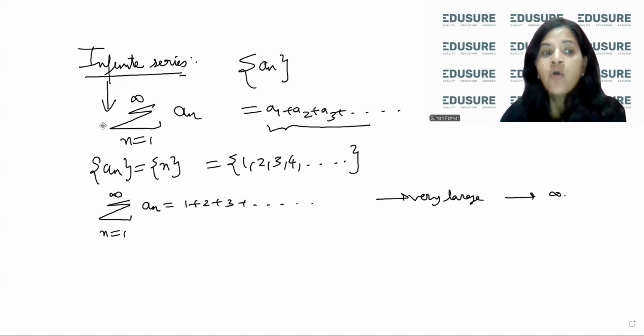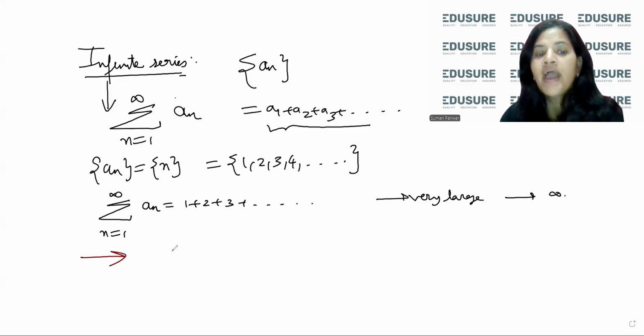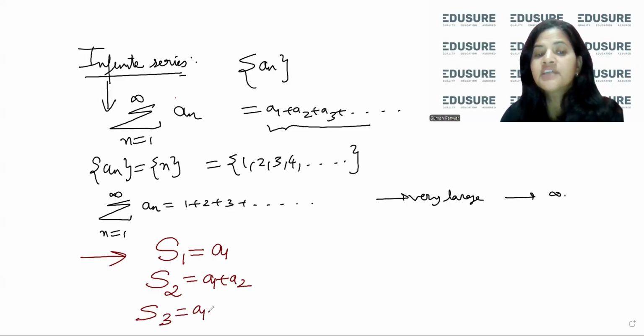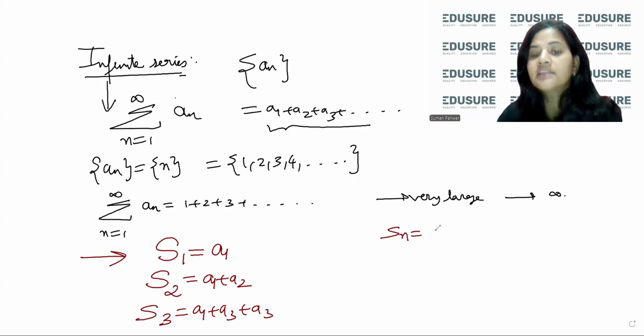All right. Now we will see how to define convergence of an infinite series. Now, if you look at S1, S1 is nothing but the first term of the series. S2 is nothing but the sum of first two terms of the series. S3 is nothing but the sum of first three terms of the series. So Sn is nothing but the sum of first n terms of a series.